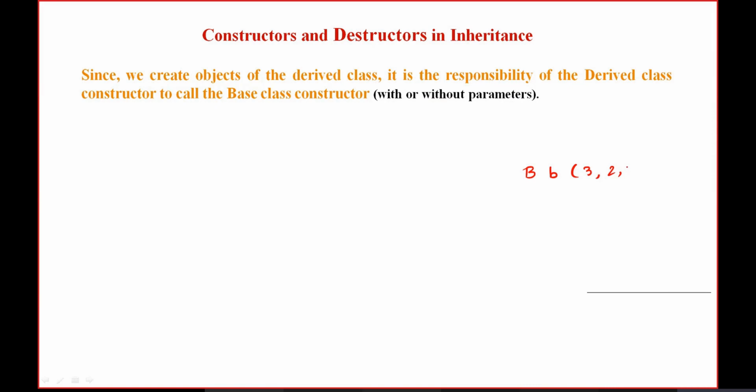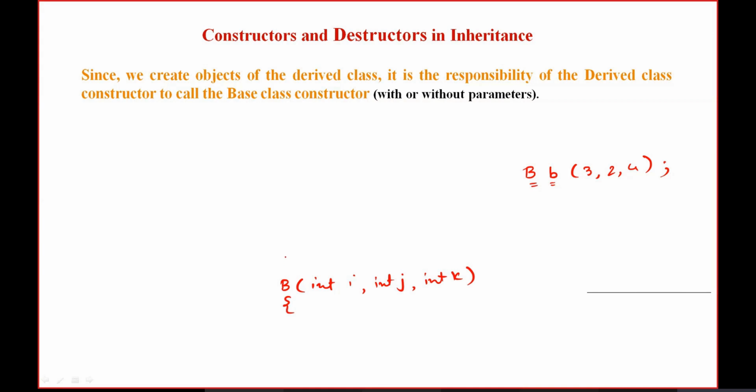So for example, I am passing these three values. So definitely a parameterized constructor of class B will get called for the object small b, which is going to accept three integer values. So let us say it is i, j, and k, right?